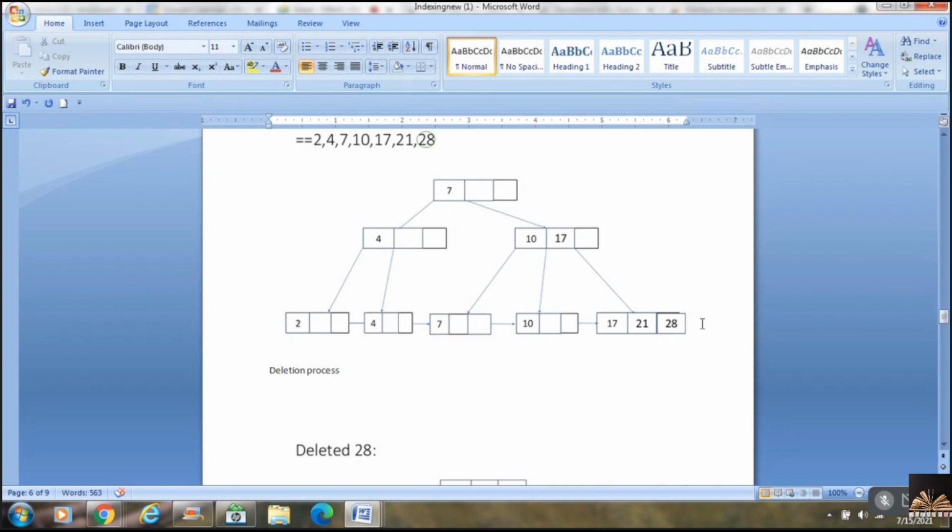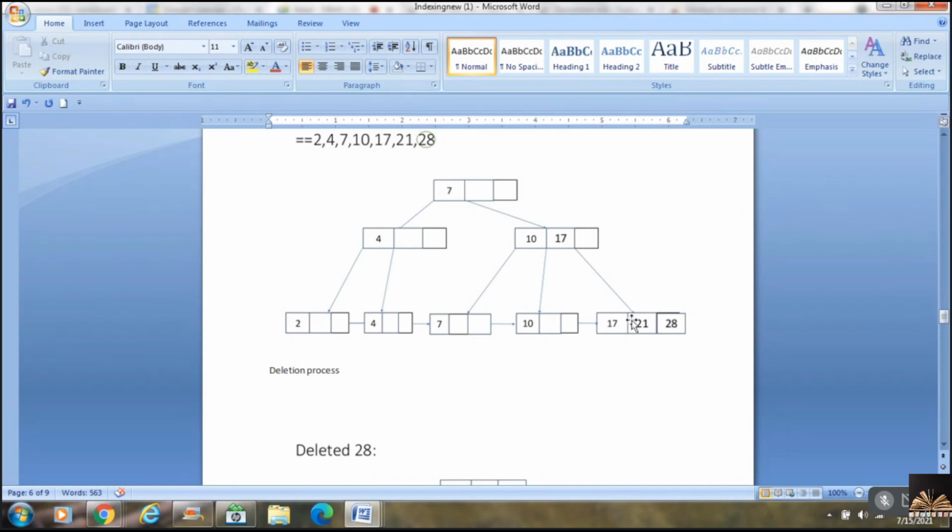Now, instead of that, if I go with an element called 21, 21 is greater than 7, I go to the right. Then 21 is greater than 17, I go to the right of 17, and here I found 21.